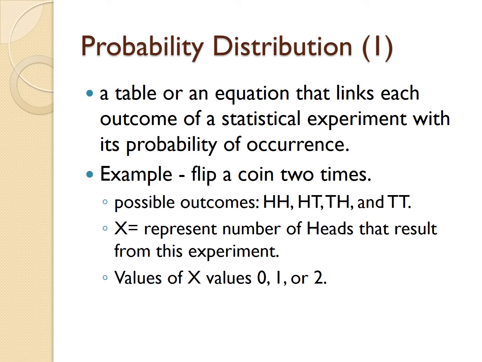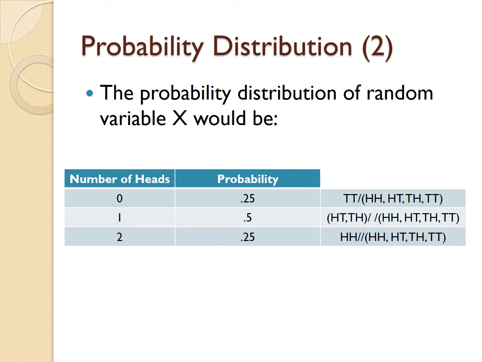Let variable x represent the number of heads that result from this experiment. The variable x can take on values 0, 1, or 2. So the probability distribution of the random variable x would be as shown in the table below.